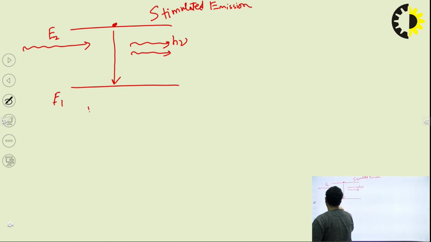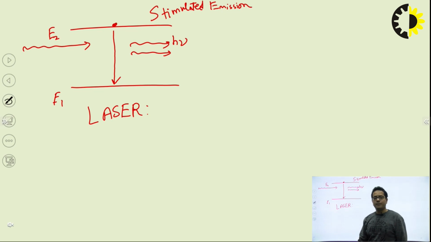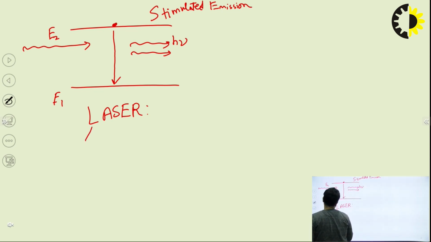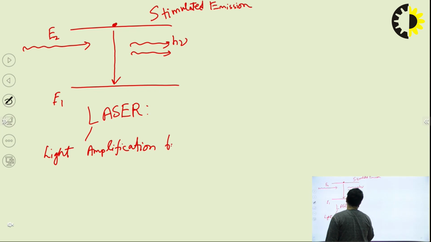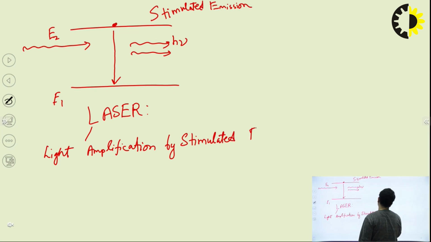So what is a laser? To give you a brief idea about the basic phenomenon that occurs inside the laser, what is the full form of laser? Light Amplification by Stimulated Emission of Radiation.